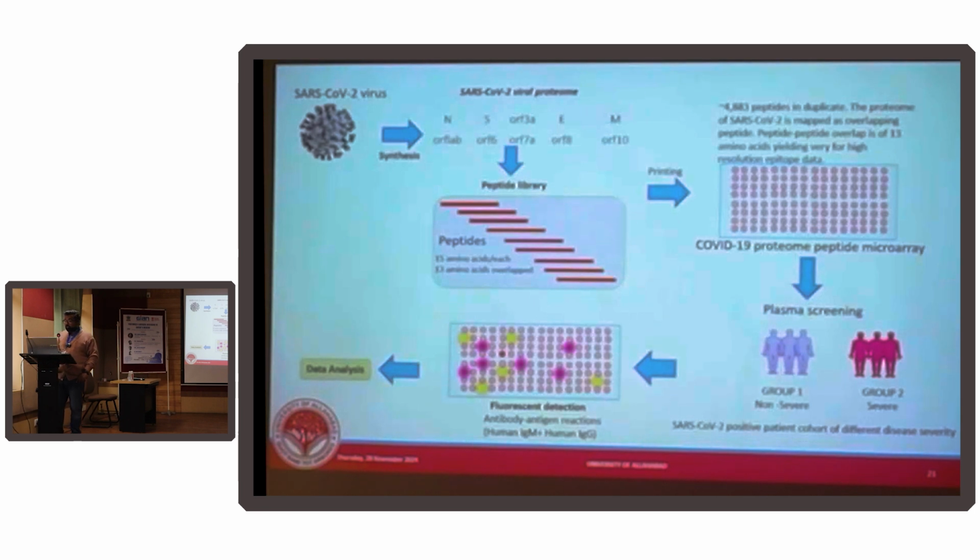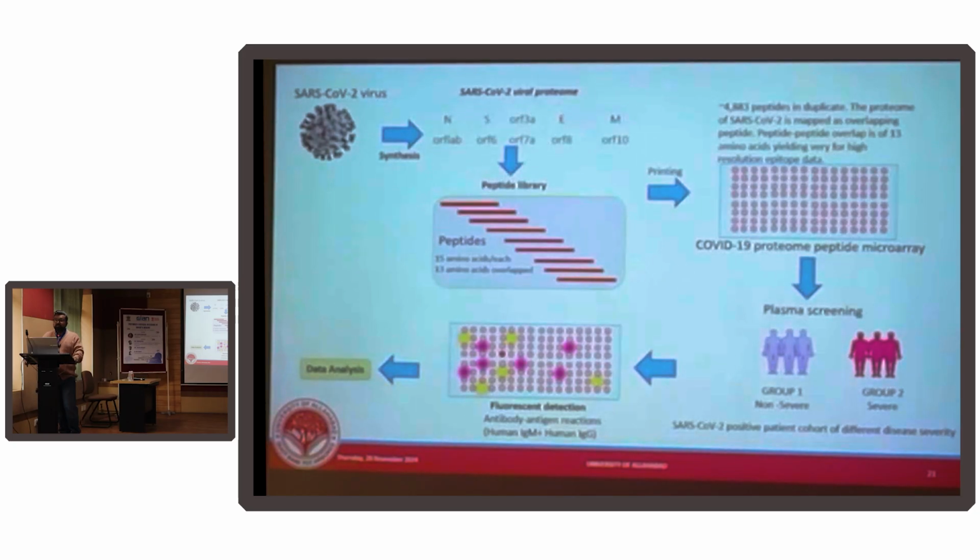This was something that we purchased from a company called Pepperprint in Germany. They printed all the peptides based on the original Wuhan sequence that was sequenced in China. They translated it into the viral proteome, and the translated proteins were printed in an overlapping manner.